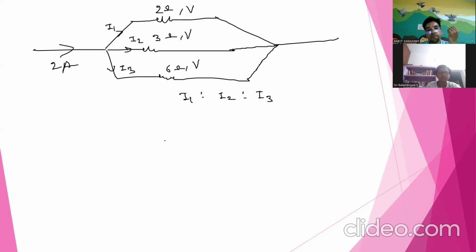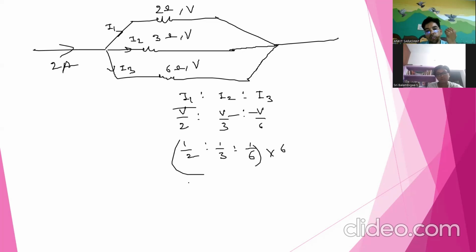I1 will be what? V by 2, V by 3, V by 6. V cancels out, so the ratio is 1 by 2, 1 by 3, 1 by 6. If you multiply by 6, it will be 3 ratio 2 ratio 1.